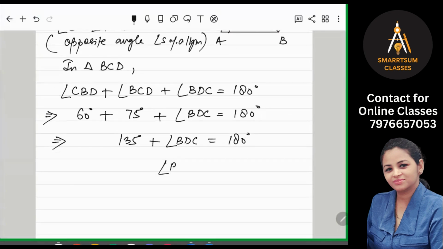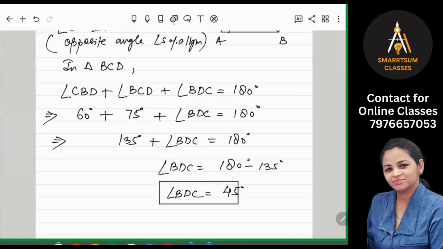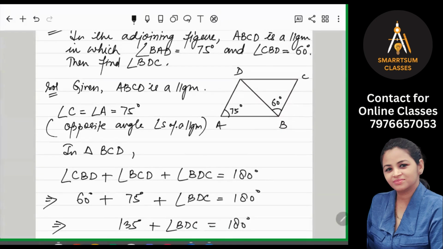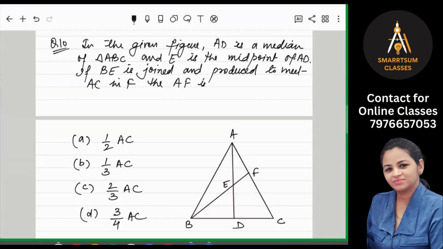So now angle BDC will be equal to 180 degrees minus 135 degrees, that is 45 degrees, right? So in this way, we have got the third angle of this triangle, angle BDC, which is 45 degrees. I hope you are getting it. Yes or no?